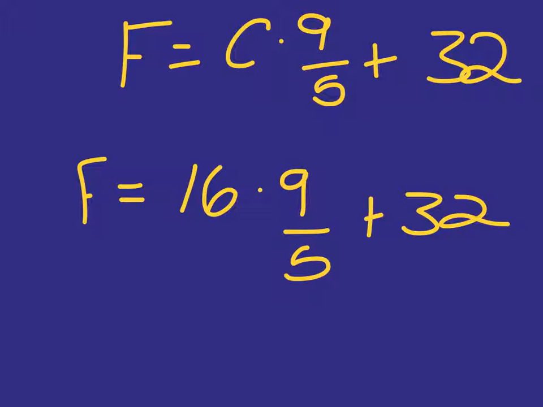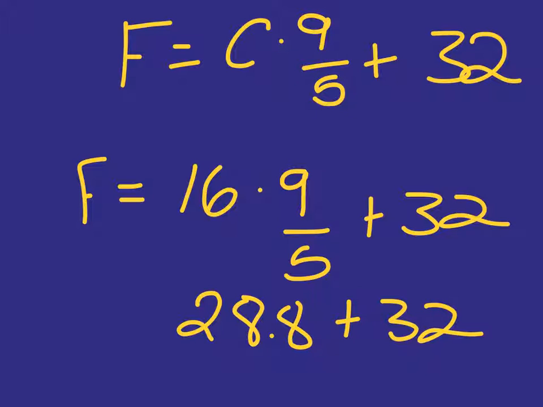Okay, so 16 times 9/5, do that first. You do that, you're going to get 28.8, and then you have to add 32 to that, and whatever that equals is going to be how many degrees Fahrenheit 16 degrees Celsius is.